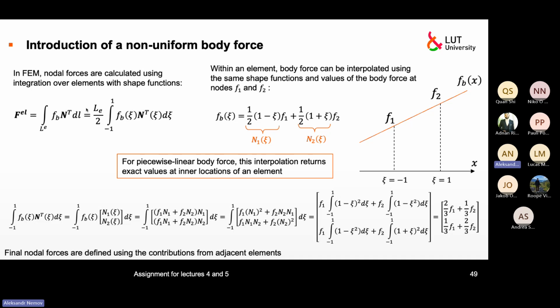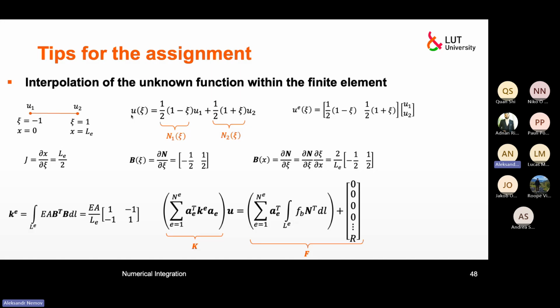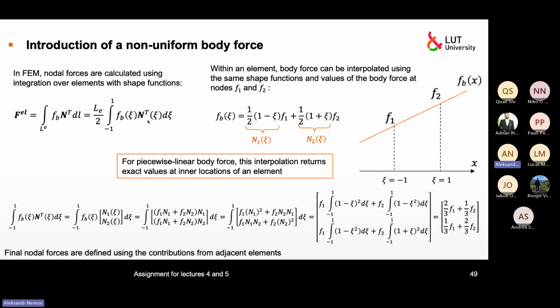So you have to calculate the integral over the element of the body force multiplied by the vector of shape functions. If this body force depends on the coordinate, then you really need to do some integrating. In this case, if it's linear, and it's not more than linear in your assignment, it's piecewise linear always. So you can use this.